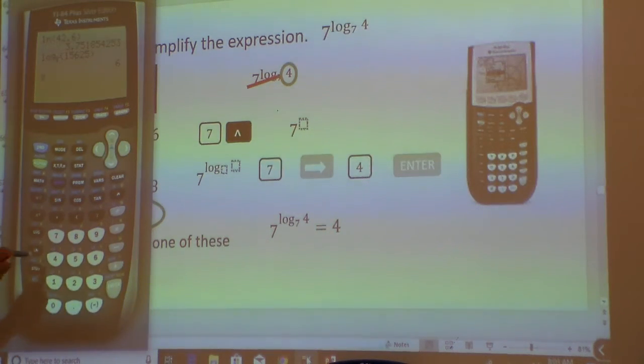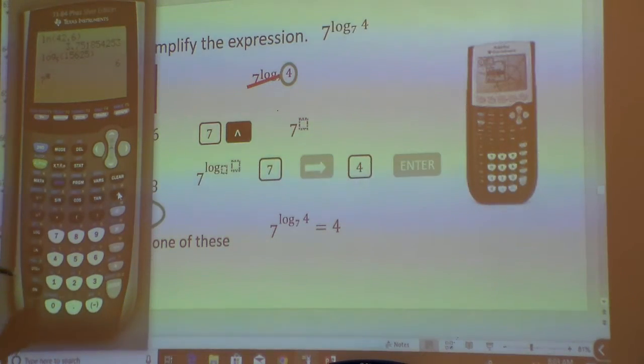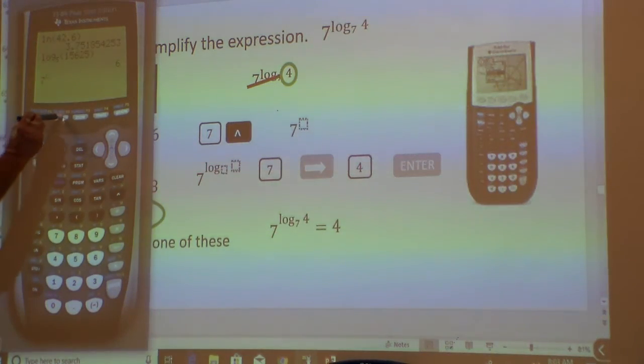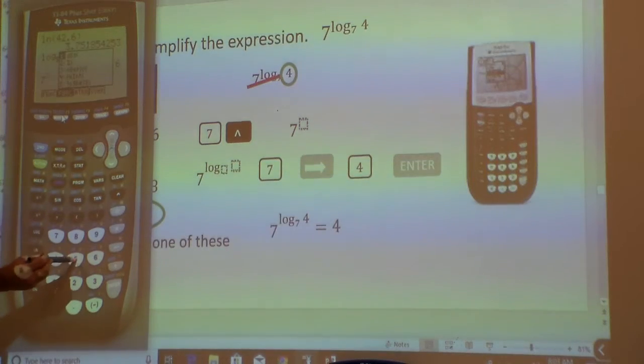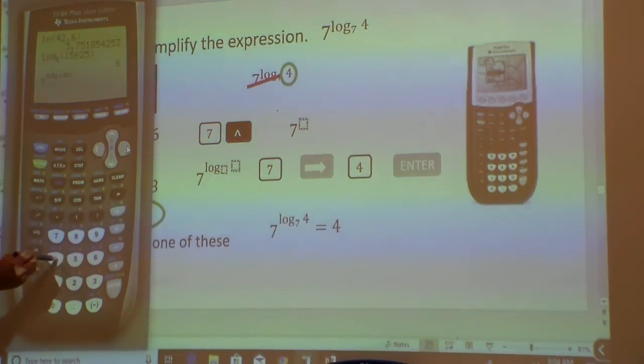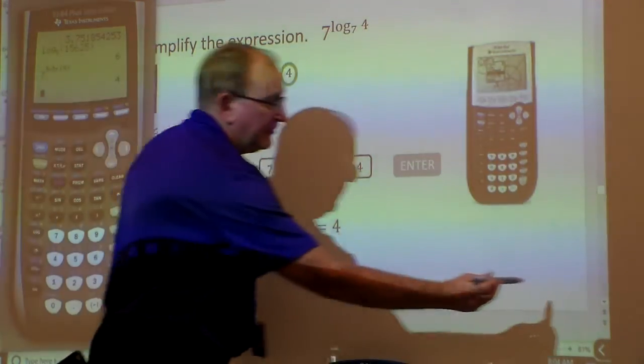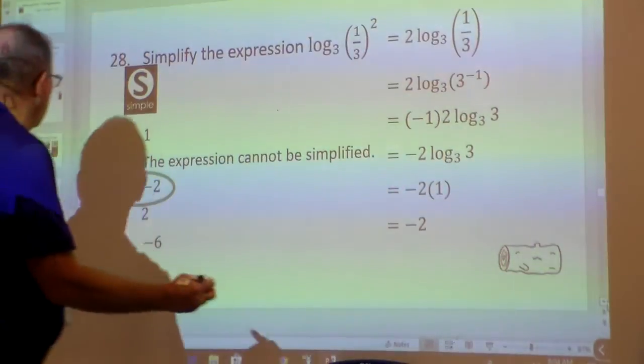You go to your calculator, you can hit 7, put yourself up in the exponent. Now do your alpha window, option 5 here, put a 7, arrow over and put a 4, enter, and type it in, you still get the same answer. Which I think is kind of funny that we're putting problems in like that where you can get the same answer anyway.